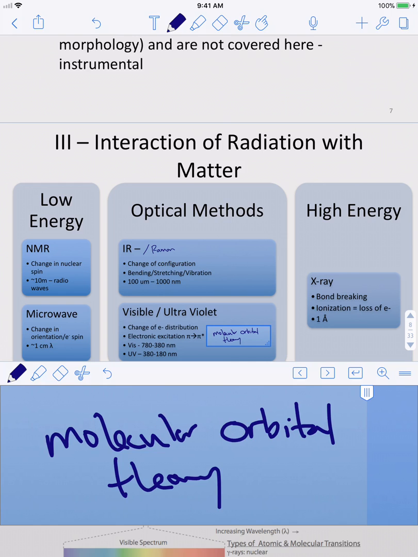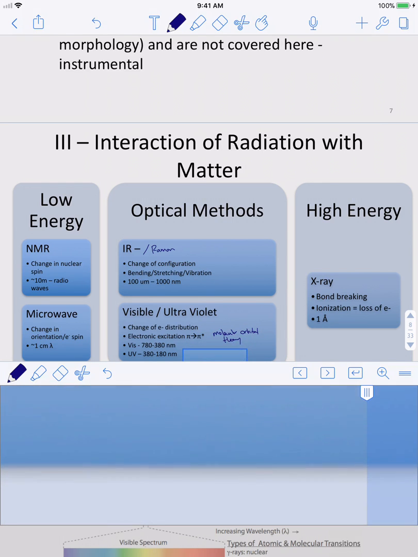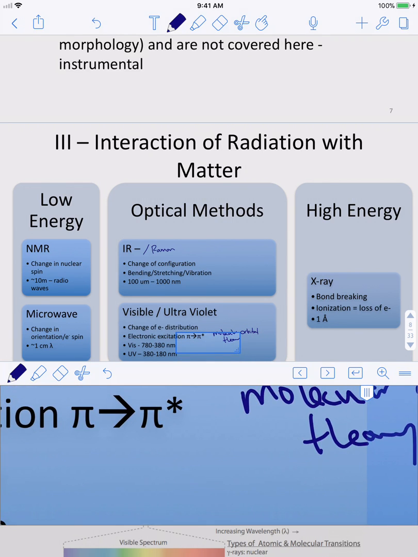These are electronic transitions, maybe the most important being pi to pi star or n to pi star excitations. A molecule will absorb and excite an electron to a higher energy level and cause an absorption of light. This is what we were looking at in our iron(II) phenanthroline complex in the Beer's Law lab.